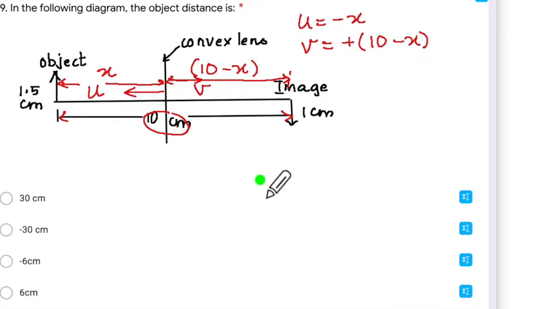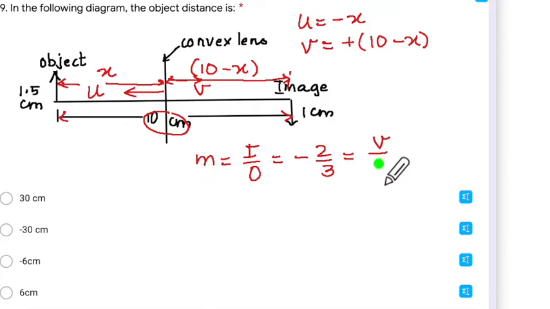Okay. Now we already know the magnification is I upon O, which turned out to be minus 2 upon 3 in the earlier part, and that will be equal to V upon U. So minus 2 upon 3 will be equal to V is 10 minus x and U is minus x.